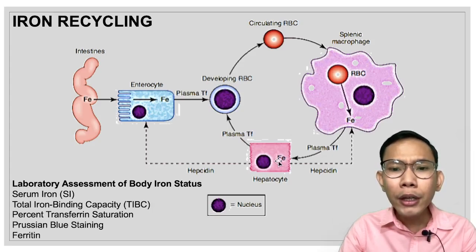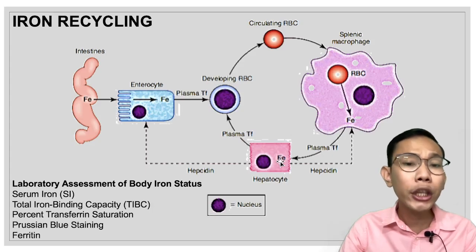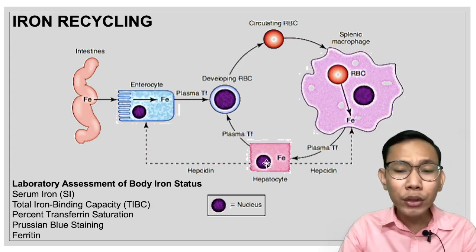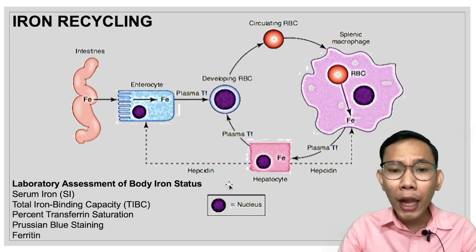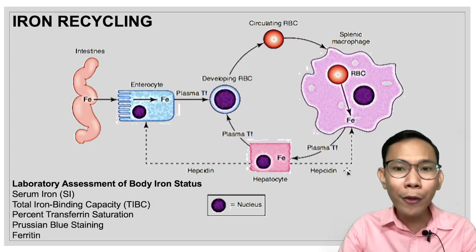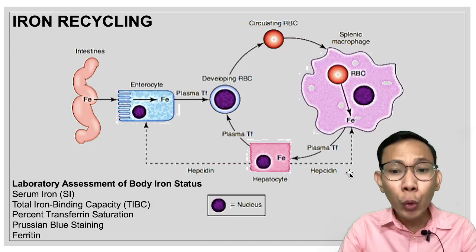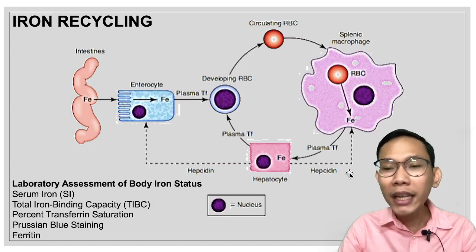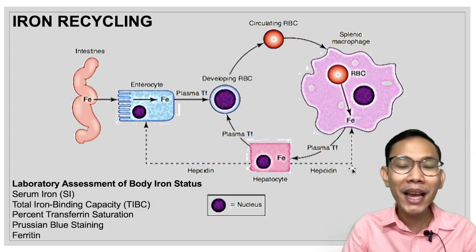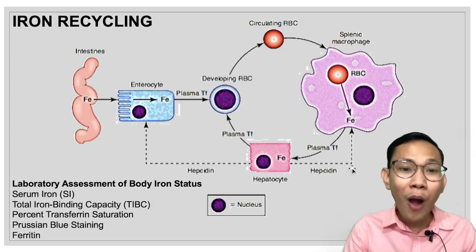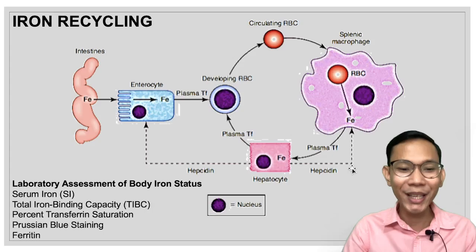Or, if there's already too much iron in our body, your hepatocyte will produce your hepcidin. Your hepcidin will cause an inactivation of the absorption or the storage of your iron, because we do not need too much iron in the body if there is already too much. That's how we recycle your iron.